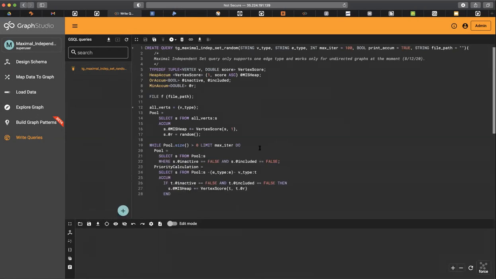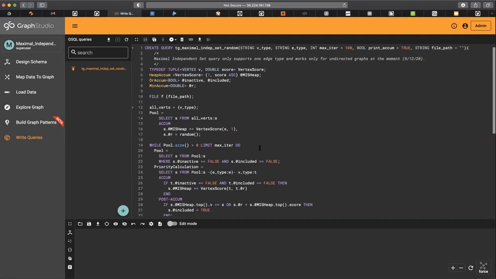So this algorithm, if you know what a maximal independent set is, then random is the operative word here. A maximal independent set is identifying a set of vertices such that none of them are connected to one another, and ideally it is trying to maximize that set of vertices.